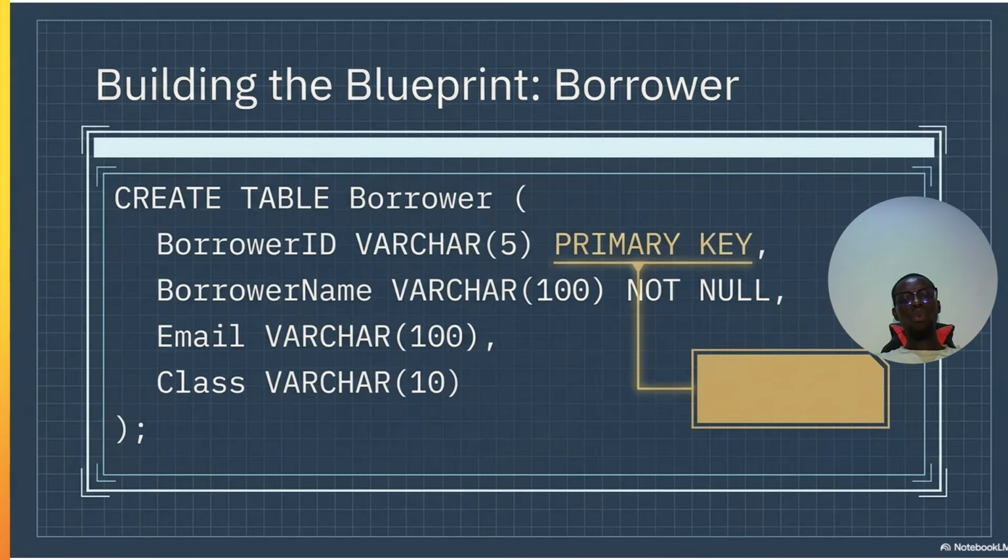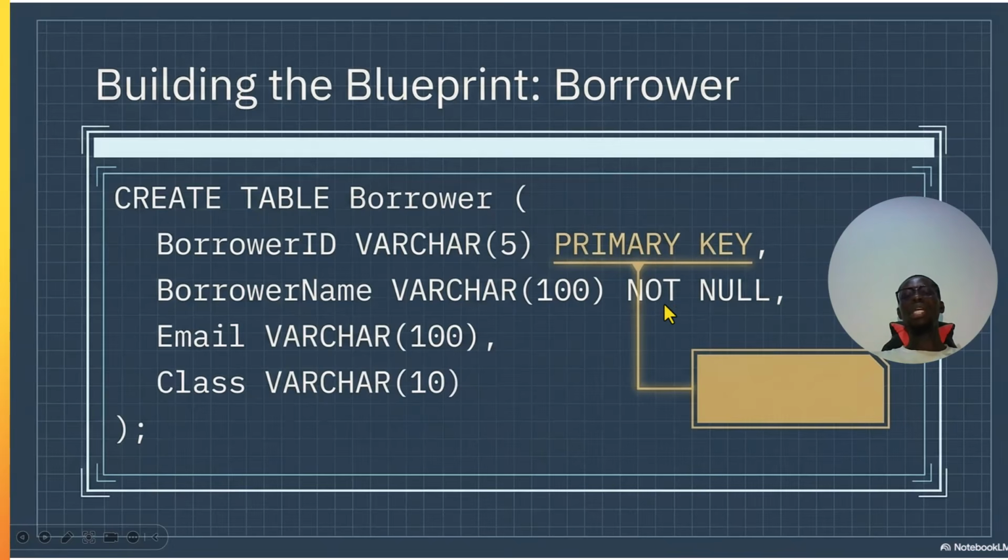Now we have the borrower name, which should be varchar, and then we've set it to 100, meaning it shouldn't exceed 100. Then we say NOT NULL. It means at this section we cannot leave it empty. Compulsorily we should have something over there.